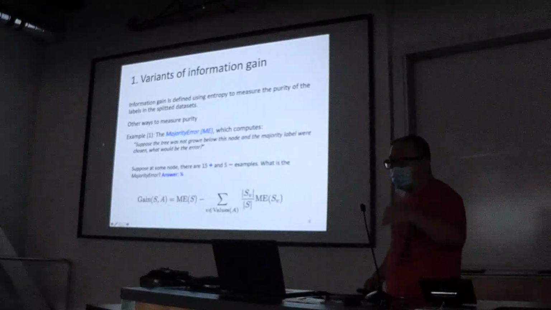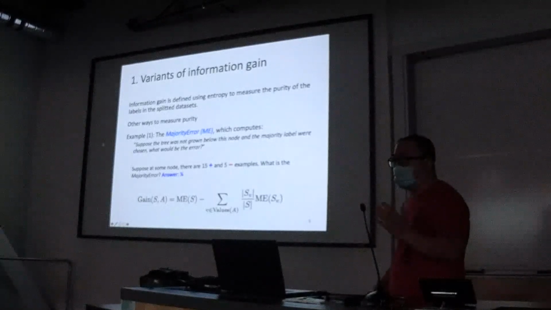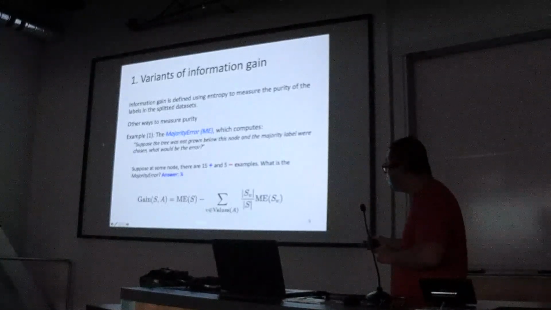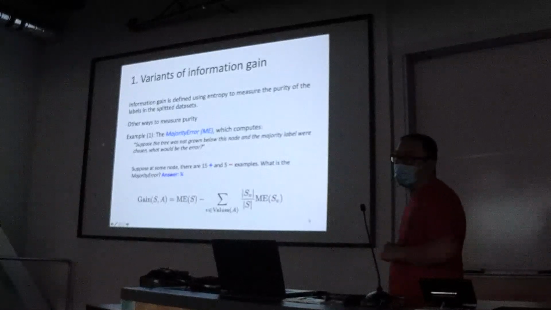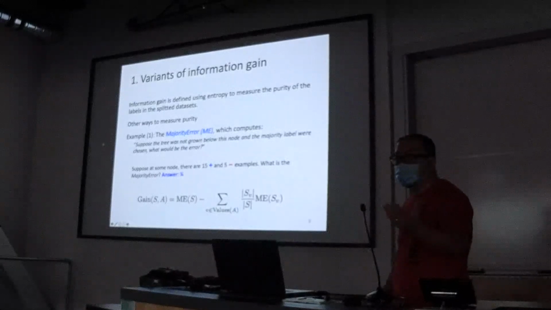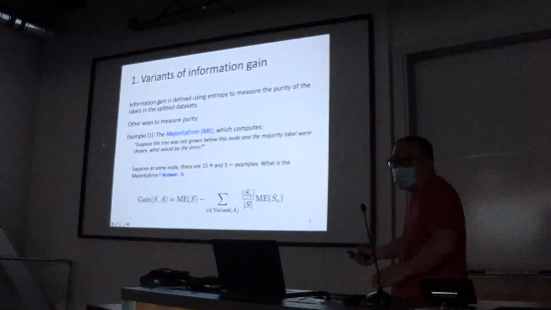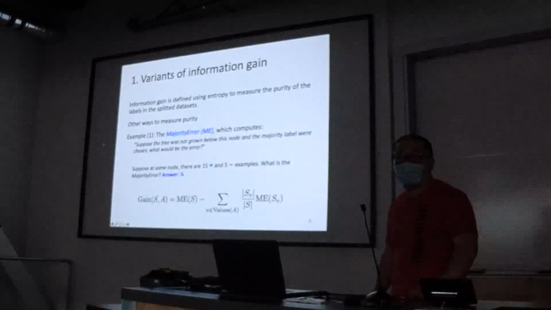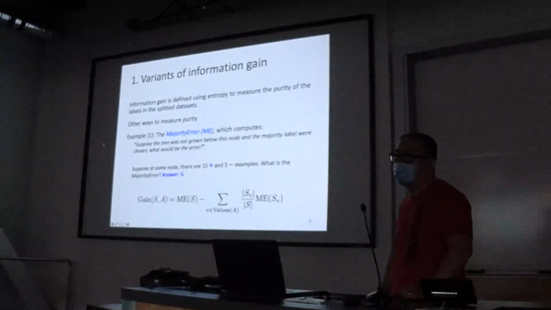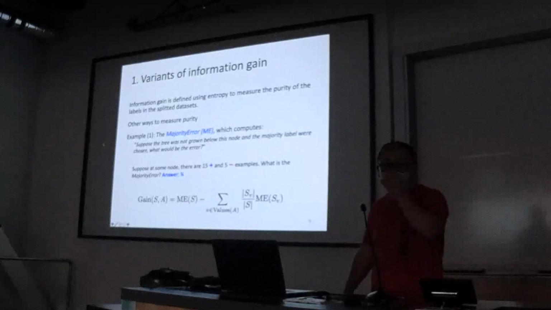Or in other words, the smaller the majority error, the better the purity. So the reduction of the majority error also indicates the improvement of the purity. So we can calculate the majority error gain instead to rank those attributes. So this is one alternative, right?